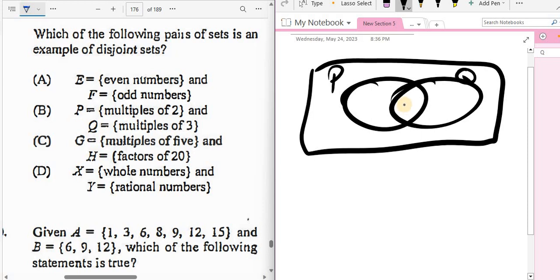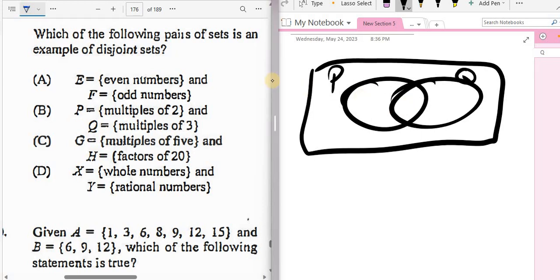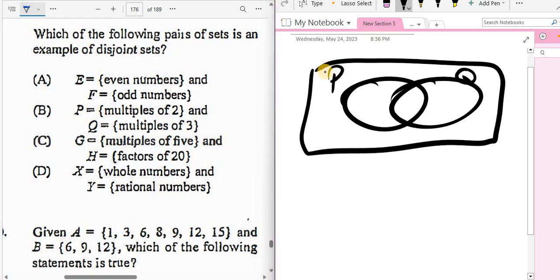Give me some members in common. 6, multiples of 6, 12, etc. Members that they don't have in common: 4, a multiple of 2. What else? 8. What about 3? 9. And so forth, right? So that one is the intersection. But the subset, I just call it subset.